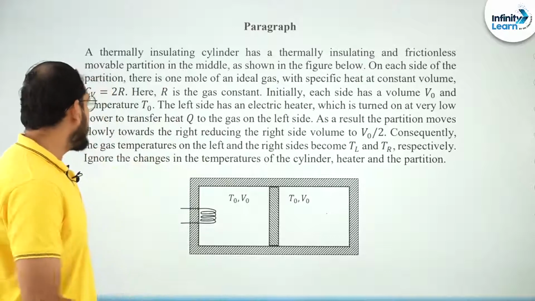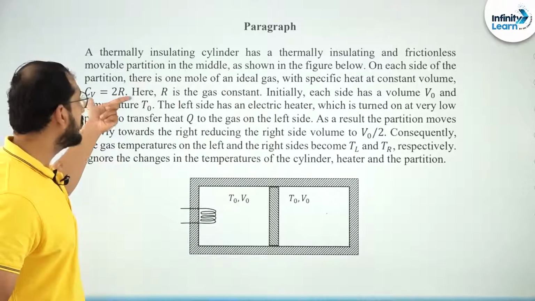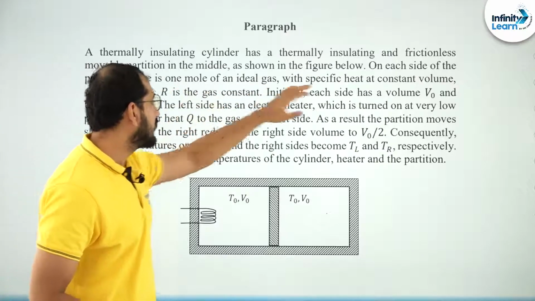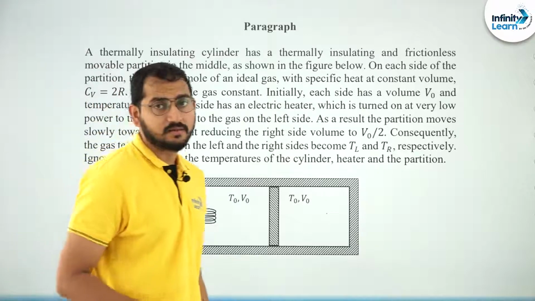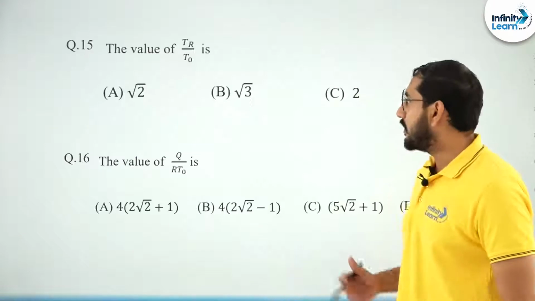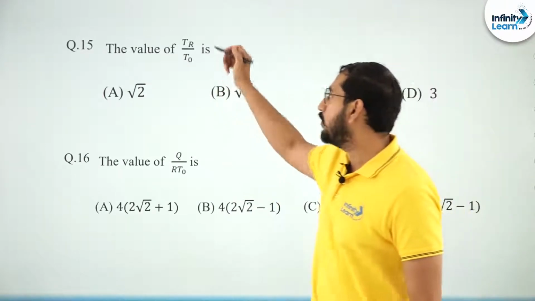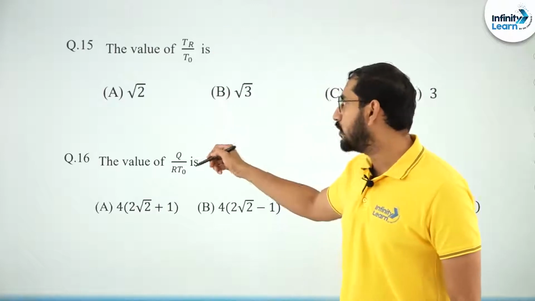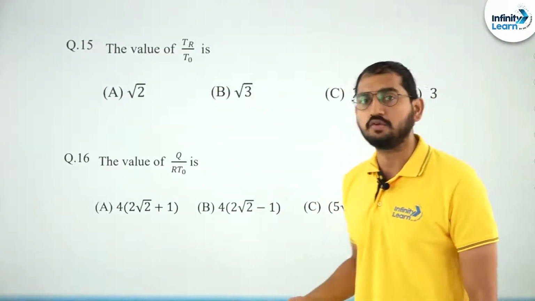Another hint is given to us that CV equal to 2R, that is the specific heat at constant volume for this particular gas. Based on this information we have to answer these two questions. Basically what we need to find is the value of TR and the value of Q. Once we know the value of TR and the value of Q, we can solve these two questions, right.